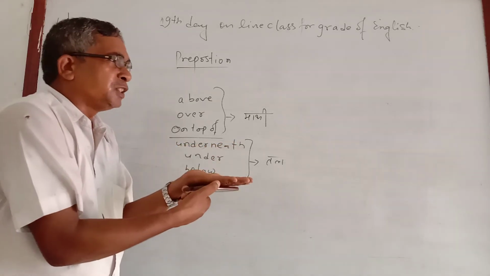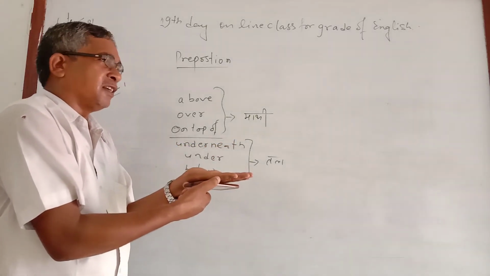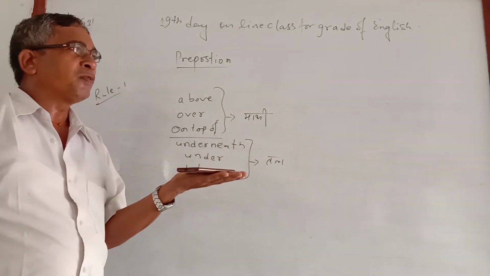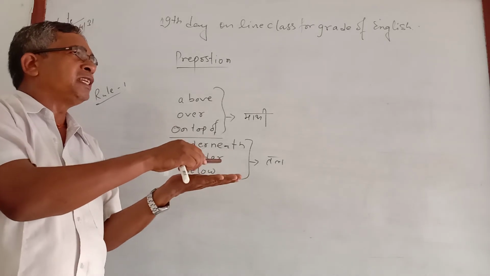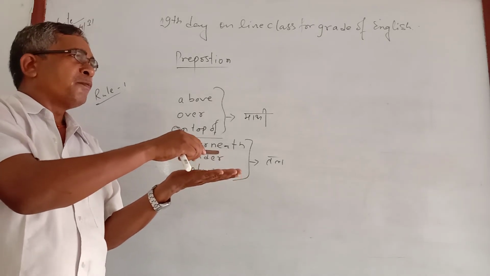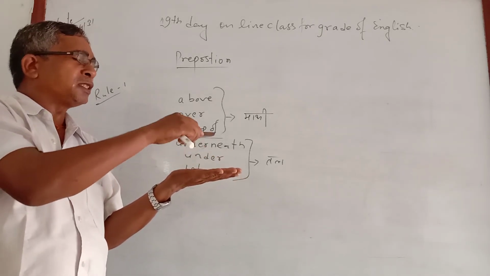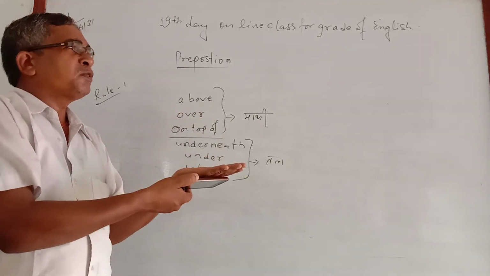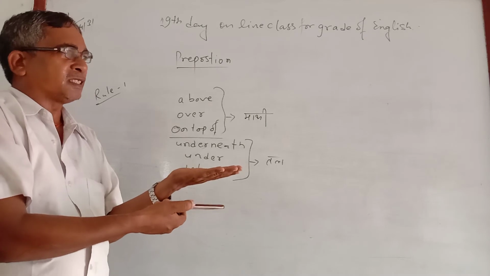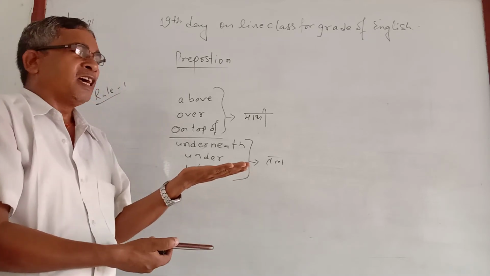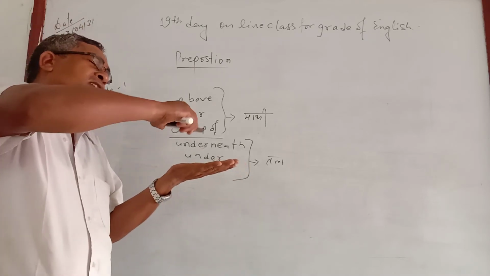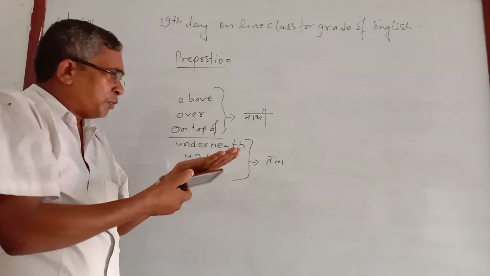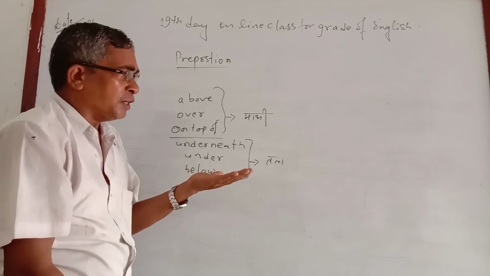So touching the base on the lower side is underneath, touching the base on the upper side is on top of, and when you release it from the base, going upward, then this is over. Below that, on the lower part, releasing from the base, then it is under. After that, on the upper side, as high as you go, all of that is called above, and below that, all is called below.